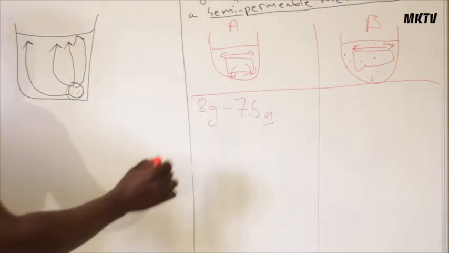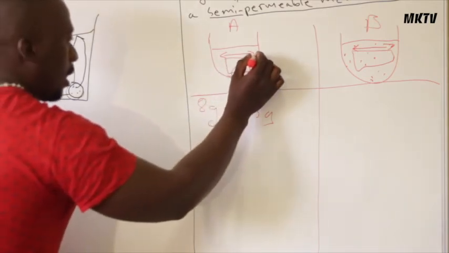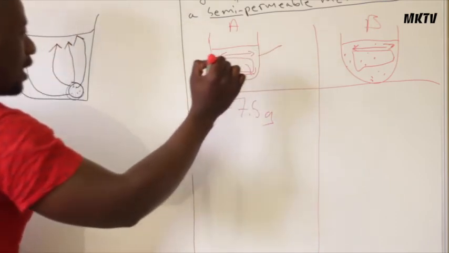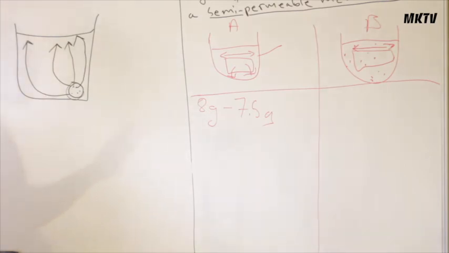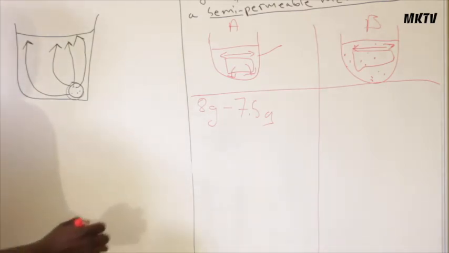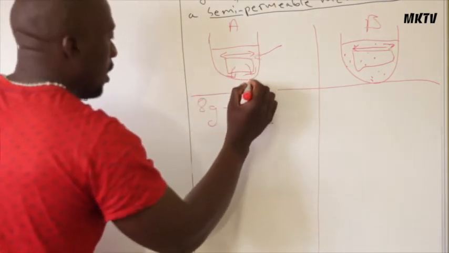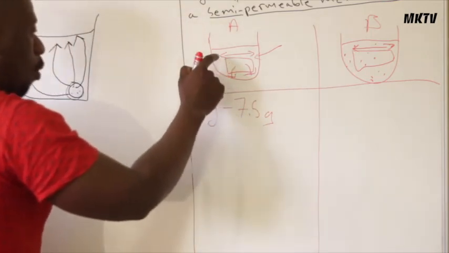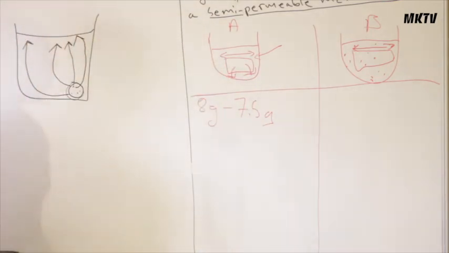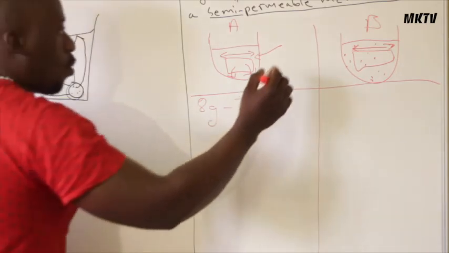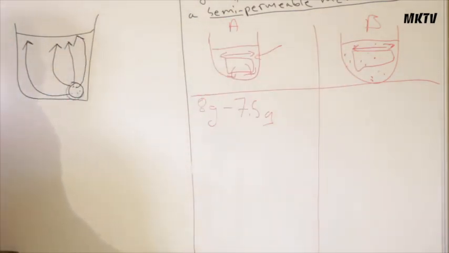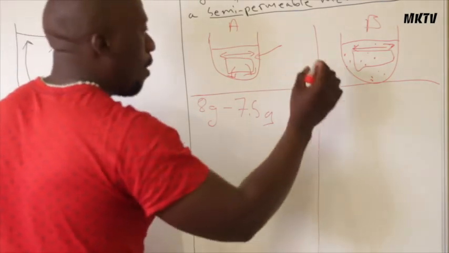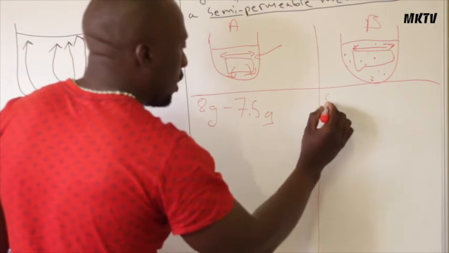A potato has water inside, as you know plants have water and mineral salts. So the potato has lost its water to the water inside the beaker. Now, if you go to the potato that has been placed in salt water, we are going to see the opposite. Suppose our potato here was also 8 grams.